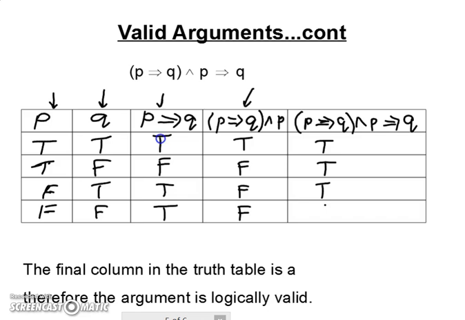And that is true as well. Sorry, I think I said the second one should be a false and a false, which is true. Either way, all of these work out to be true. And when we have a whole column being true, we know that it is a tautology, which means it is a valid argument. And that is the proof that you need. Good luck.